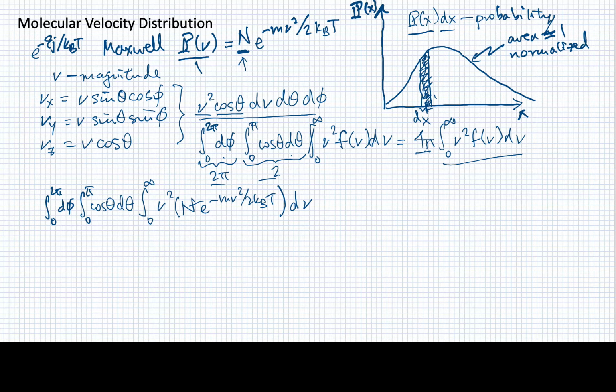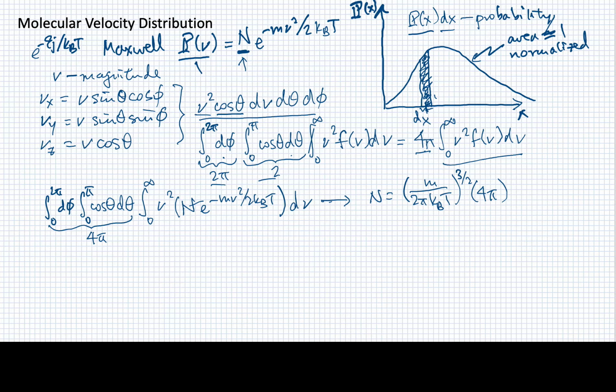Now this part here is going to give us this 4 pi once again, as it always will, and I can easily evaluate this part because it's a tabulated integral. I might be able to do it if I'm clever enough anyway, but I won't belabor the point. I'll simply say that the result that this gives us is that the constant n is going to be equal to m over 2 pi kBT raised to the 3 halves. Now I may want to include that 4 pi in this if I wish, and then I'm always talking about an isotropic problem, but sometimes you won't see that combined with the n.